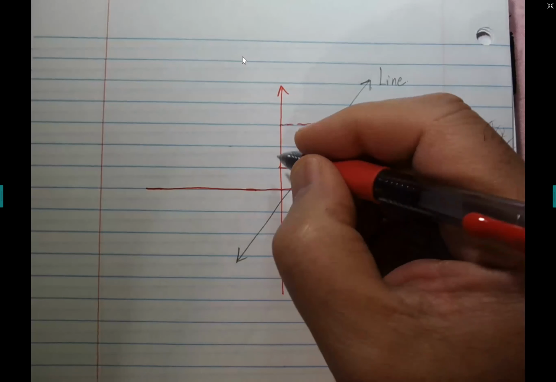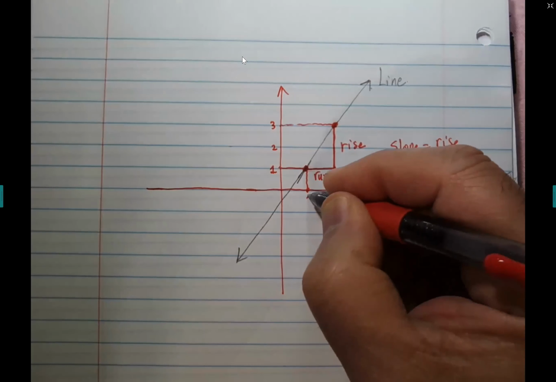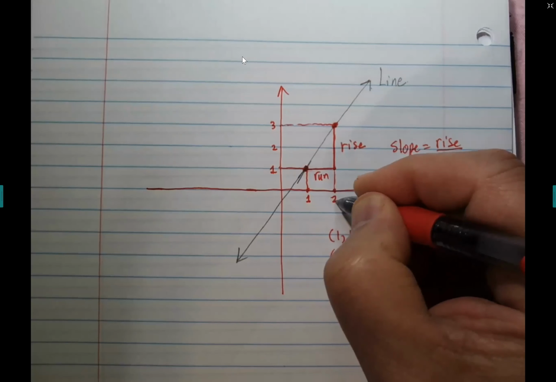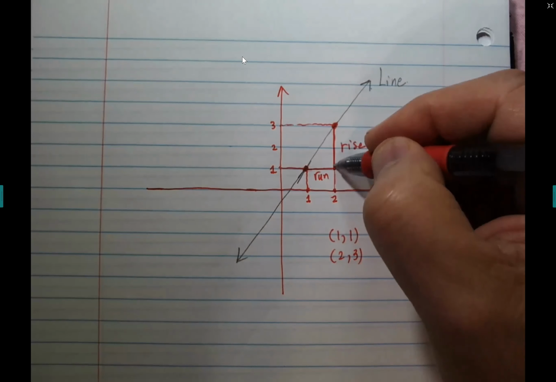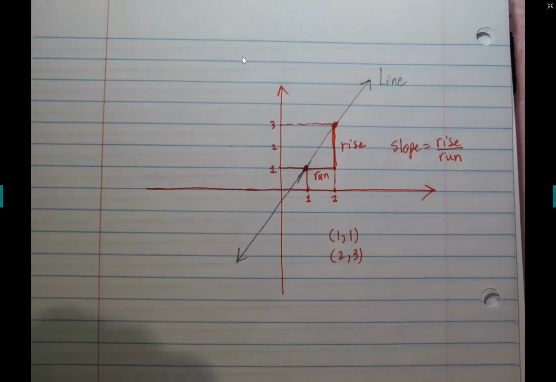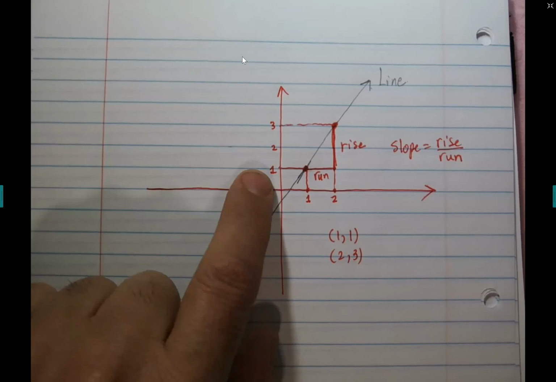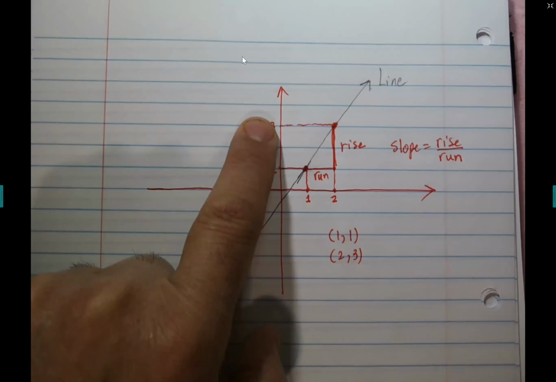Okay, can you tell me how much is the rise here, guys? Remember, this point is 1, that's a 2, that's a 3, that's a 1, that's a 2. So how many units are there? It's from 1 to 3.